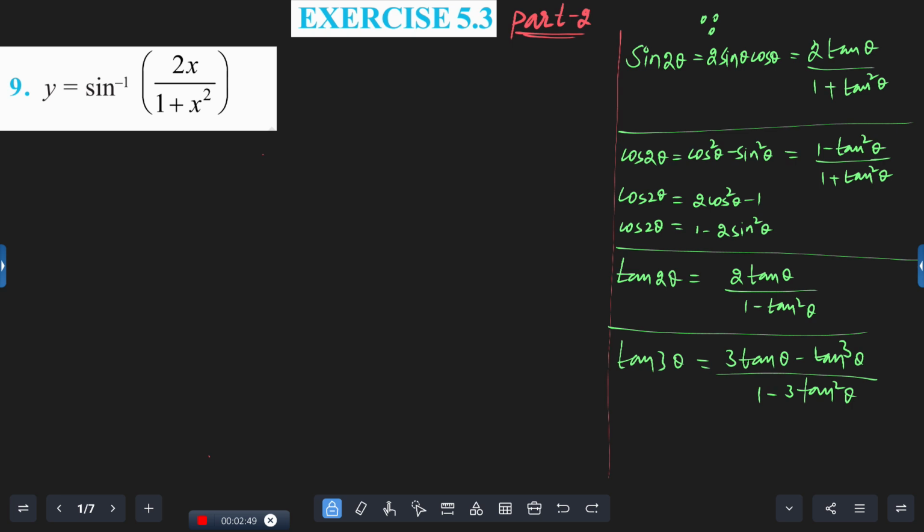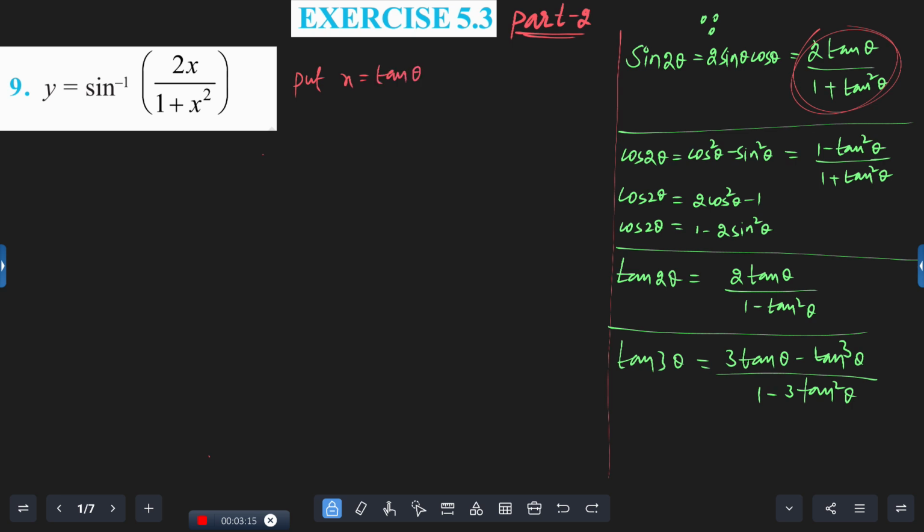Formulas we have already seen in 11th standard. Now see, children, question number 9 looks like something. 2 into x divided by 1 plus x square looks like this one. Have you noticed it? Instead of x we have tan, so put x is equal to tan theta.